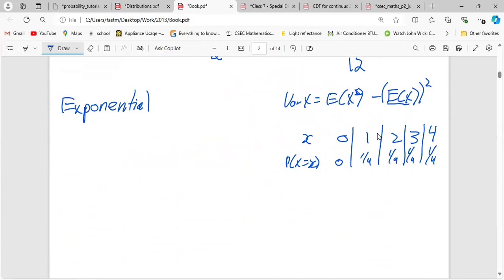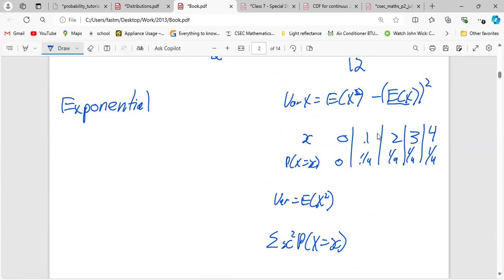Okay, the uniform, right? So if I want the variance of it, you can do it like normal. The first thing you need is the expectation of x squared, and remember the expectation of x is the sum of x times the probability x is equal to x. You just go 1 by that, this by this, and you keep on going. So x squared now will just be the sum of x squared times the probability x is equal to x.